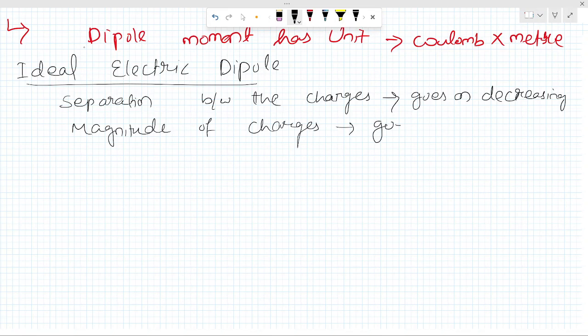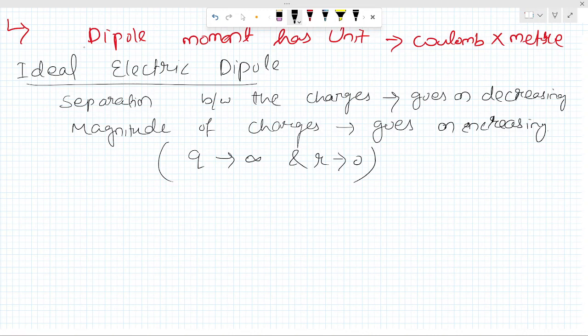Then we name it as ideal electric dipole. I can denote it in short as q tends to infinity and 2a tends to 0.